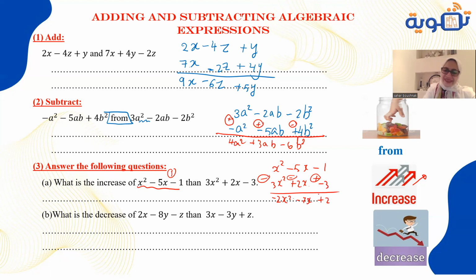The last one, decrease, is smaller. So this one is smaller than this one. To know the difference between them, I'll start with 3x minus 3y plus z, and I will put under it 2x minus 8y minus z, then change the sign, then do it normally. 3 minus 2 is x, minus 3 plus 8 equals positive 5y, plus z equals 2z.